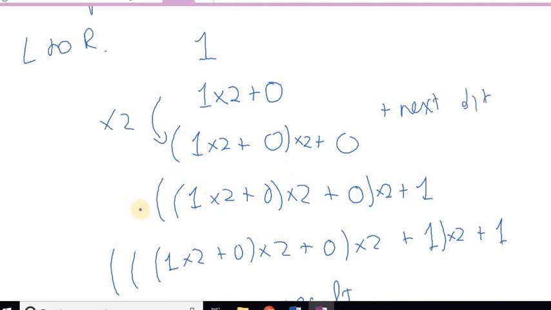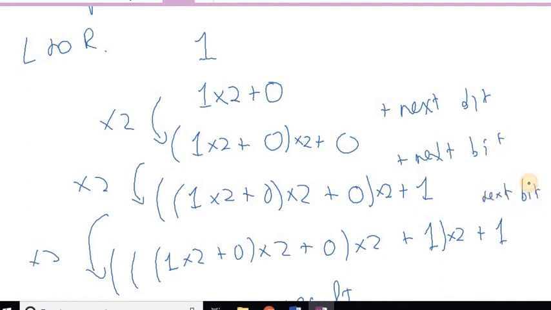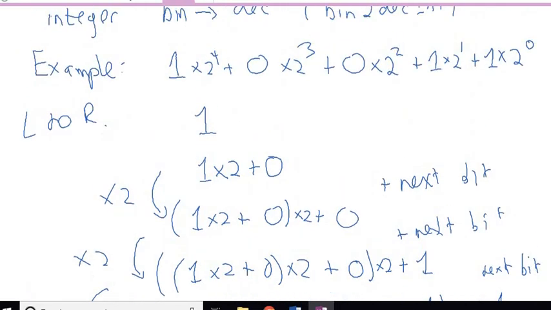To get this one, I've gone from here to here, that's also times 2, and then I've added the next bit. And then to get from here to here, I've multiplied by 2 and added the next bit. So that's the procedure for converting an integer binary to decimal.